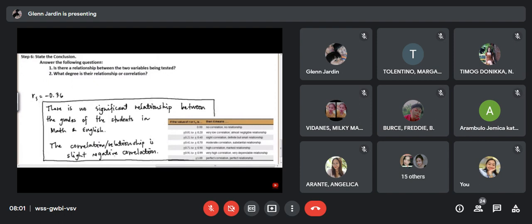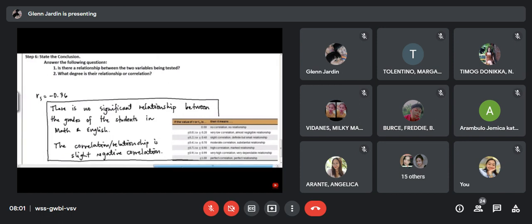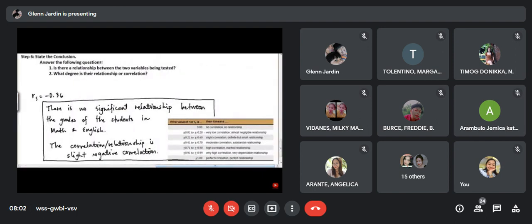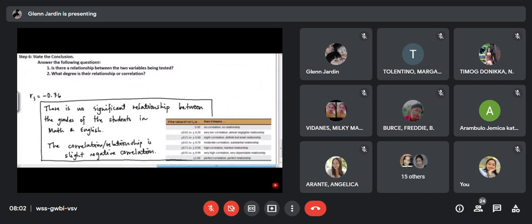Ayan. Okay? Pag may negative, lalagyan nyo lang ng word na negative. Yung kanina kasi sa Pearson natin, positive yung naging R natin. Ang nakalagay lang, the correlation is a very high correlation. Ito, negative siya. Nandito siya sa gitna ng 0.21 and then 0.40. So, ibig sabihin, guys, small relationship.